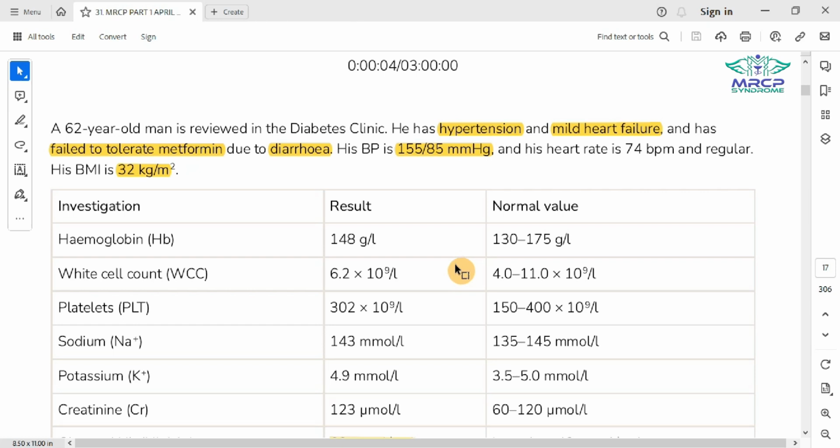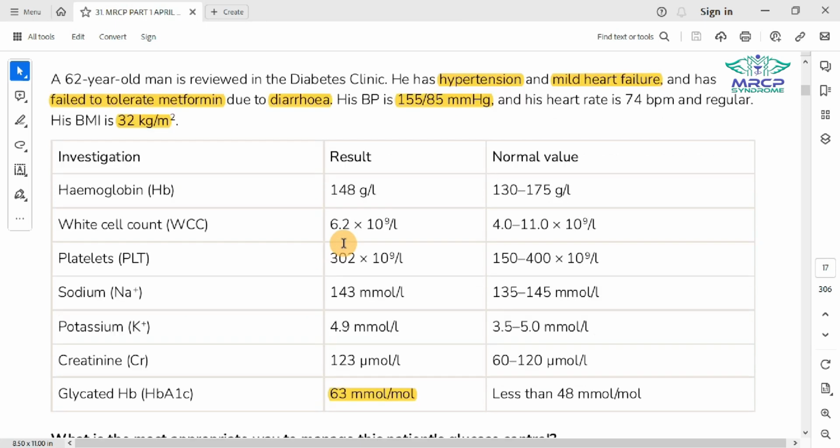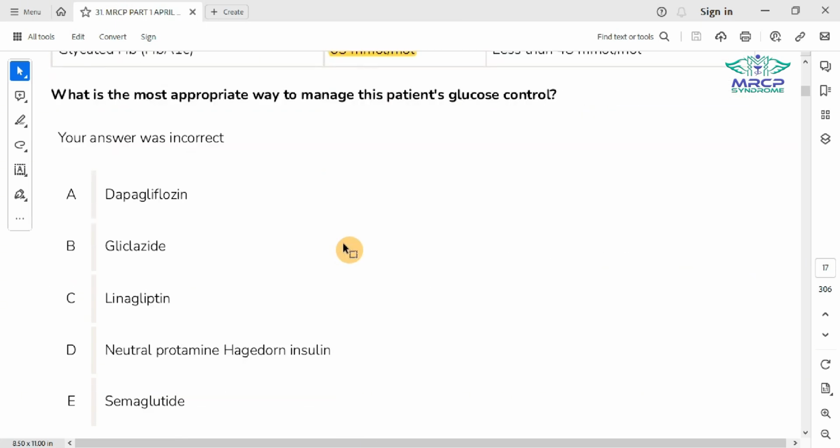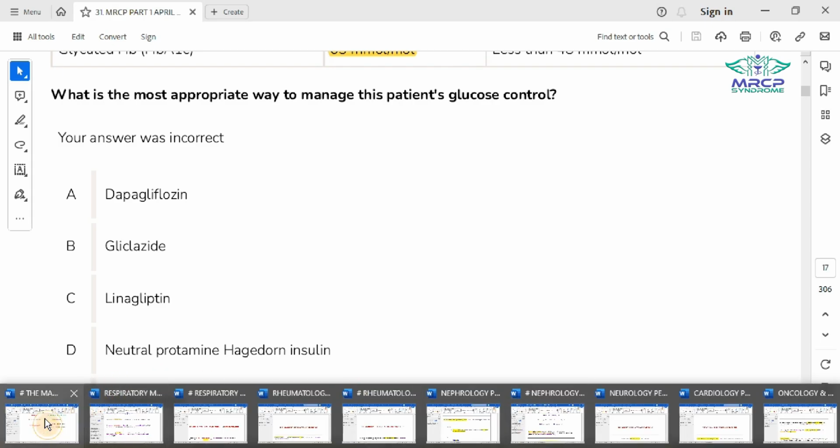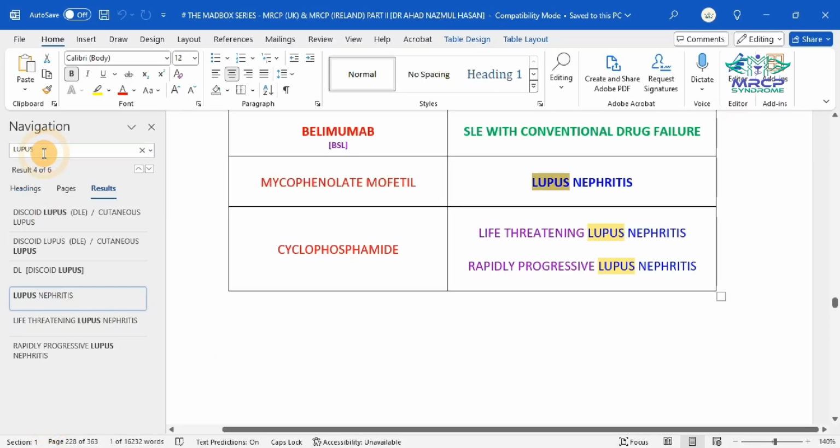So what is the choice of anti-diabetic drug in a patient with heart failure? It's the gliflozins, so we'll be going for the SGLT2 inhibitors.